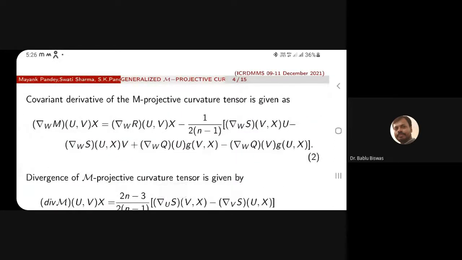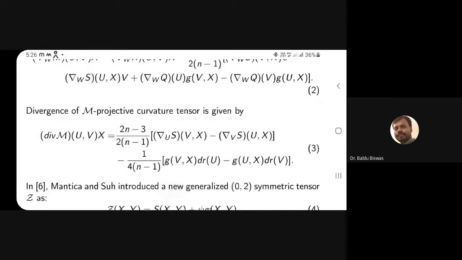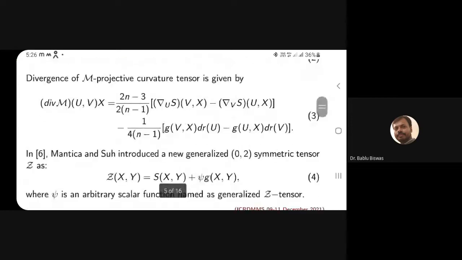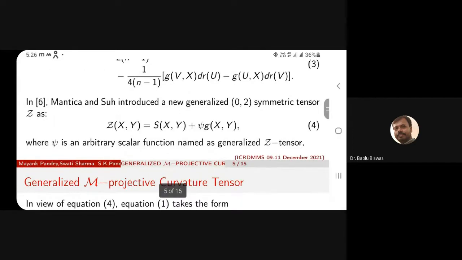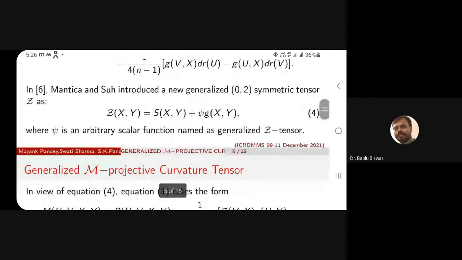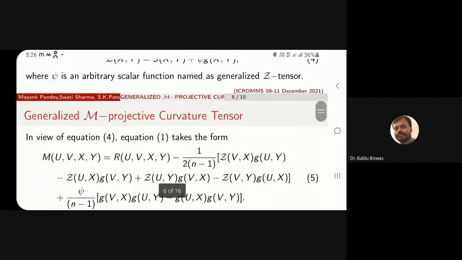Covariant derivative of the M-projective tensor is given as equation second. Divergence of the M-projective curvature tensor is given in equation third. Mantica and Suh introduced a new generalized (0,2) symmetric tensor Z in equation 4, where psi is an arbitrary scalar function, named the generalized Z tensor.